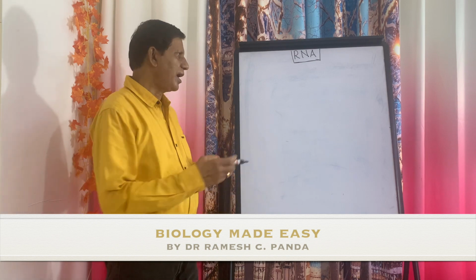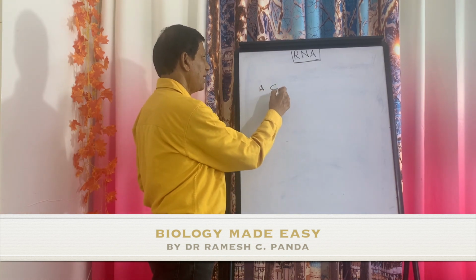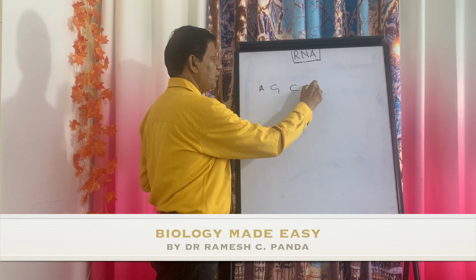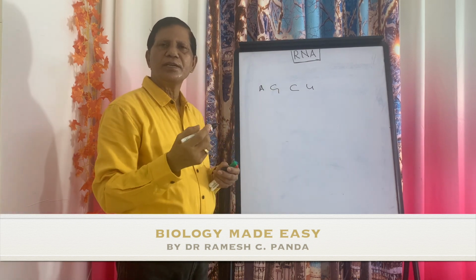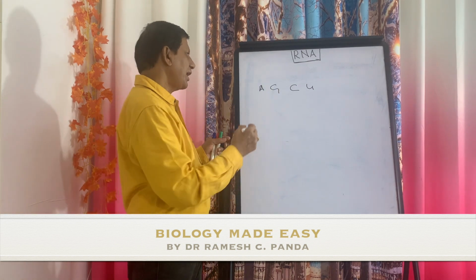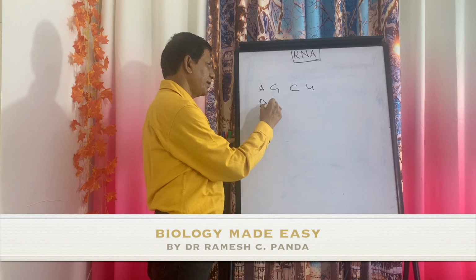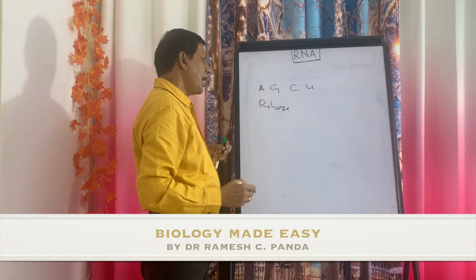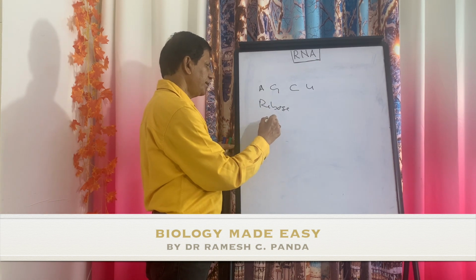Now, just like DNA, RNA also consists of nitrogen base, sugar and phosphoric acid. But here the nitrogen bases are adenine, guanine, cytosine and uracil. But in case of DNA, it was thymine. And the sugar is ribose sugar. And the phosphoric acid is there.